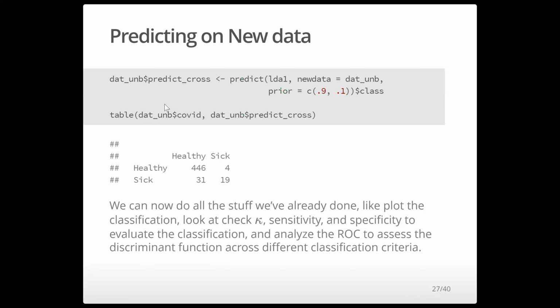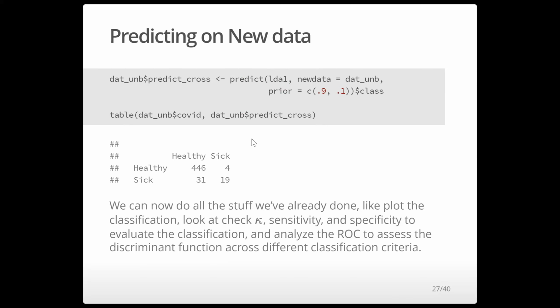So here, when I do the prediction in my cross-validation, I'm going to specify the prior as being the correct prior, so 0.9 and 0.1. And here's a contingency table for my classification based on this model. We can also do all the stuff we've already done.